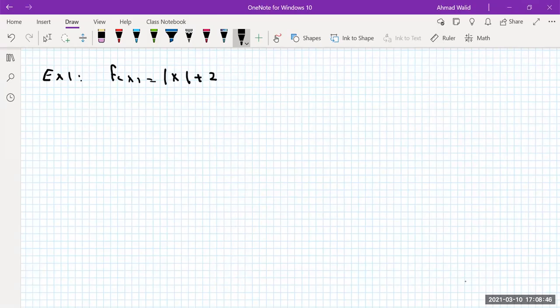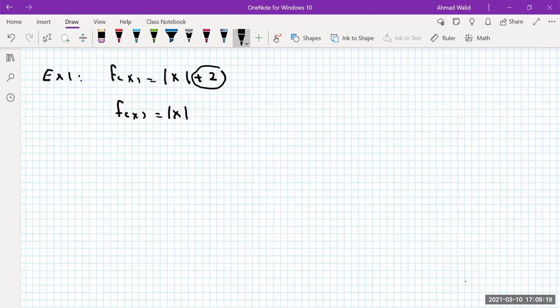This is the important part of this problem. I should find the parent graph for this given problem. The parent graph, or the common graph, for this is f of x equals absolute value of x. Because here you see you have plus c. This part is not important. That is the parent.